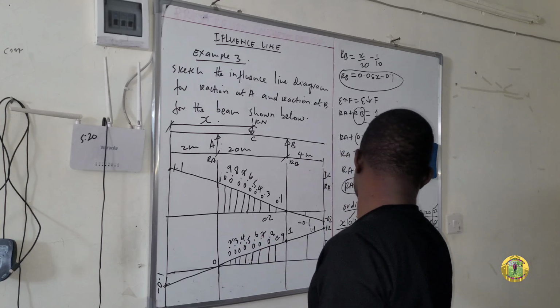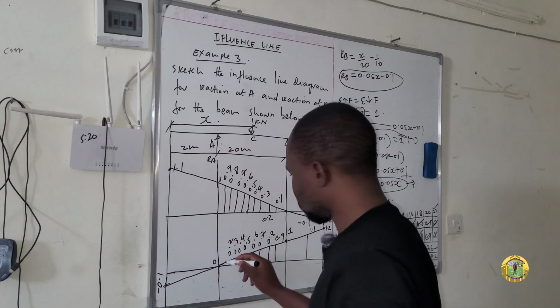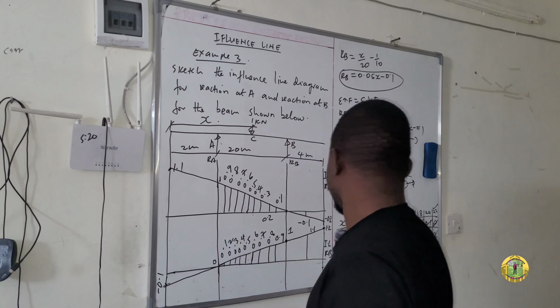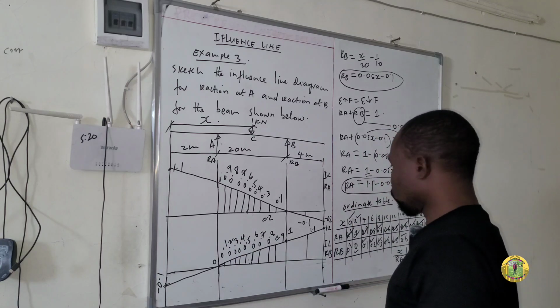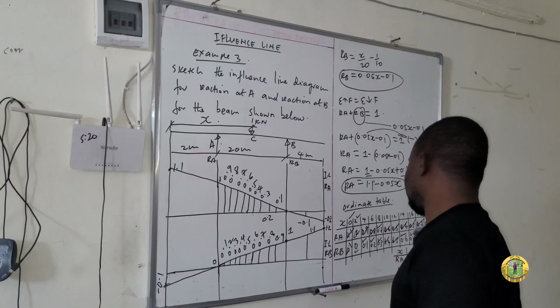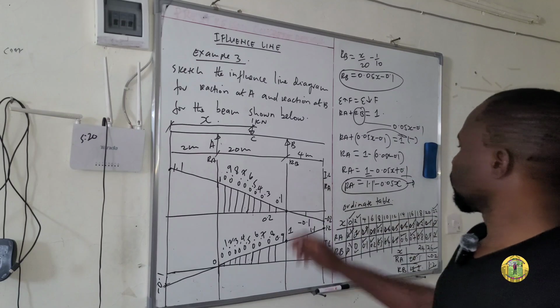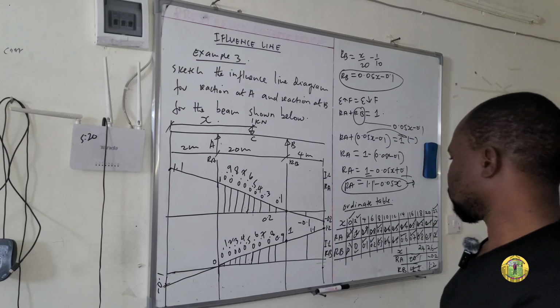Done. Then 0.1. Done. So that is how you draw influence line for this beam.